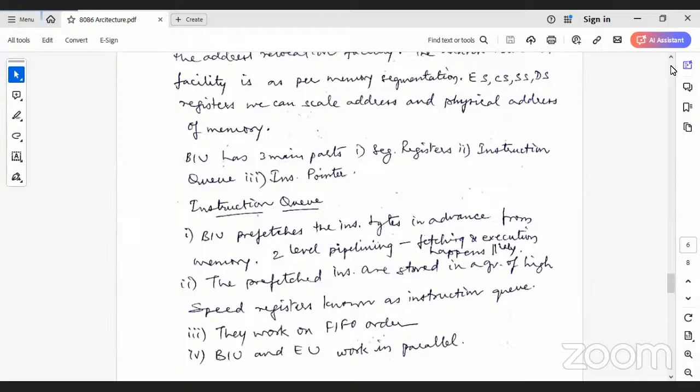Now as you can also see, BIU has three main parts: segment registers, the instruction queue and instruction pointer.